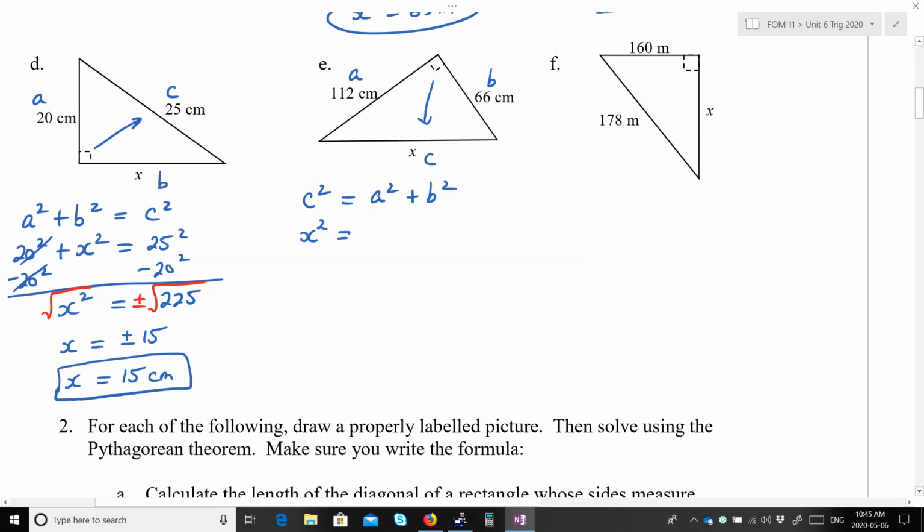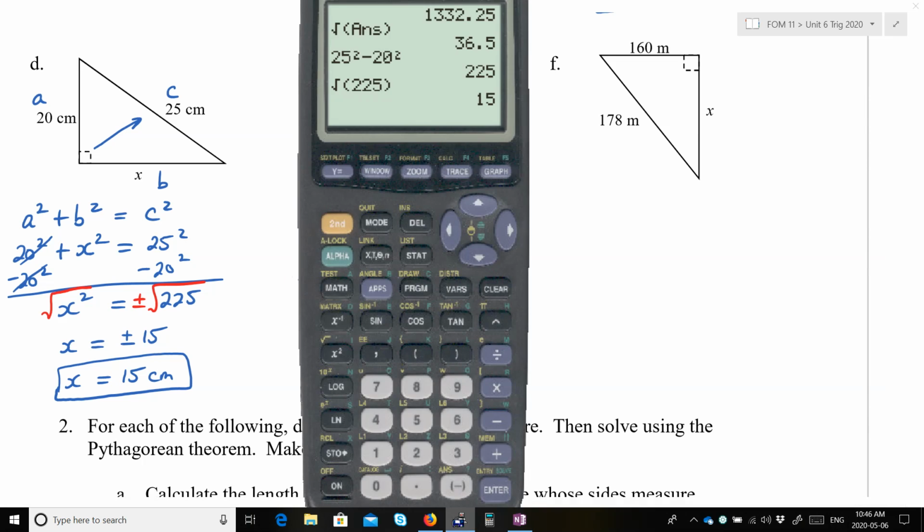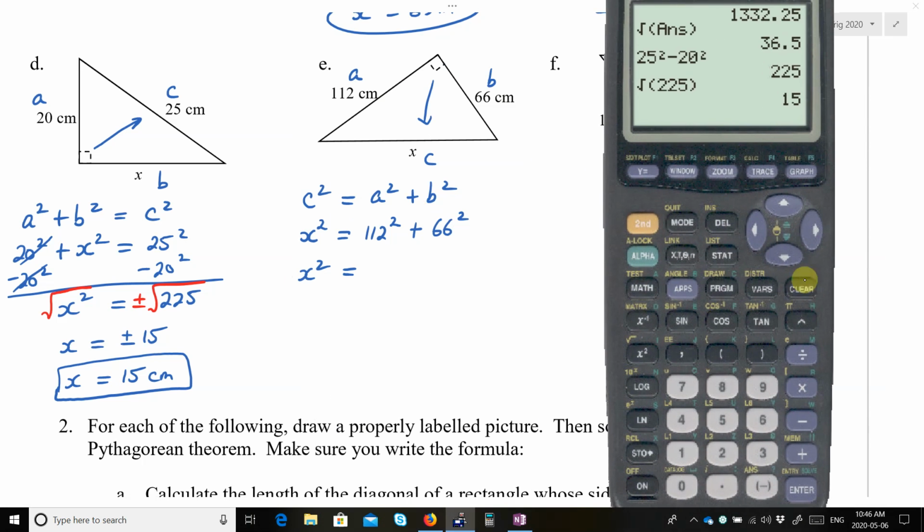So X squared is equal to 112 squared plus 66 squared, and we end up getting 16,900.